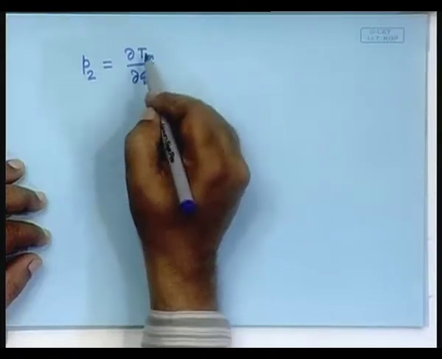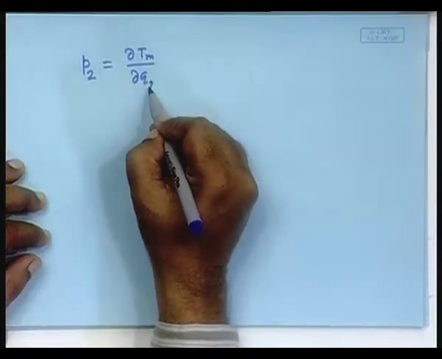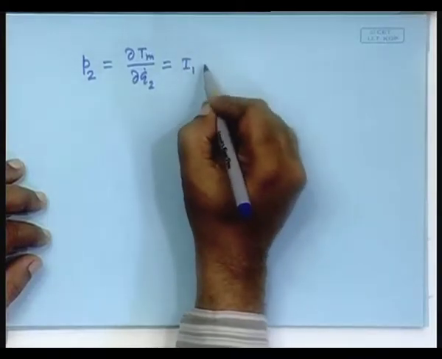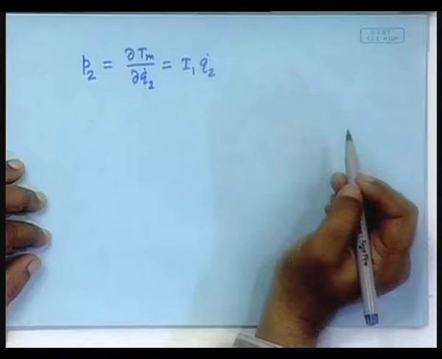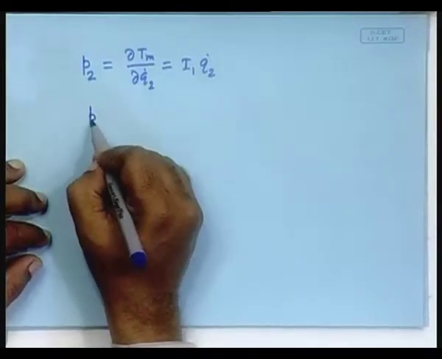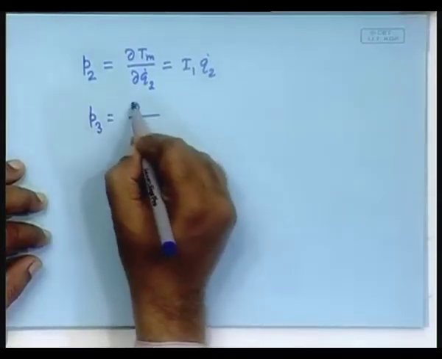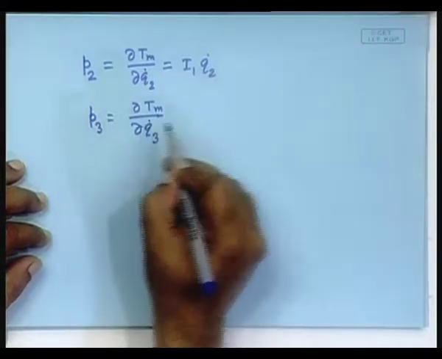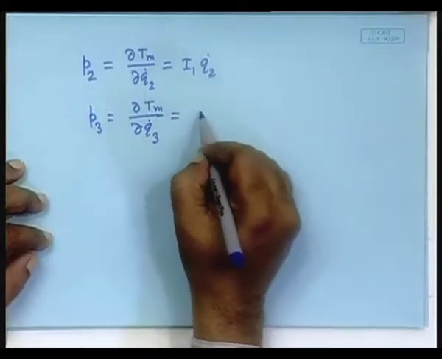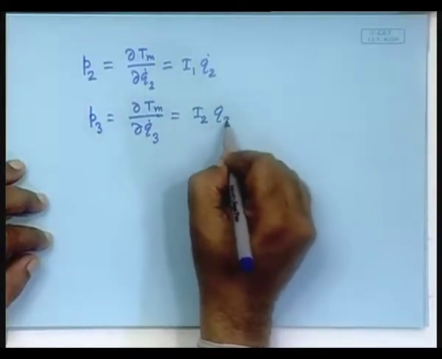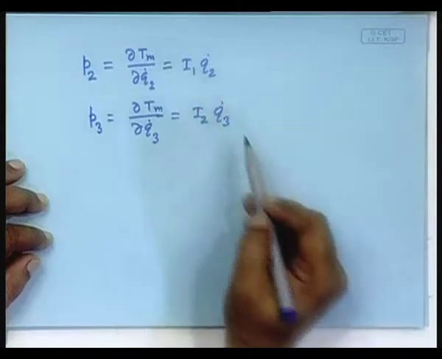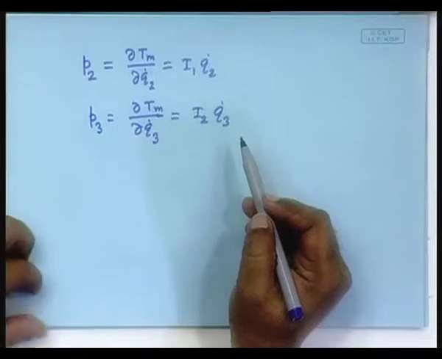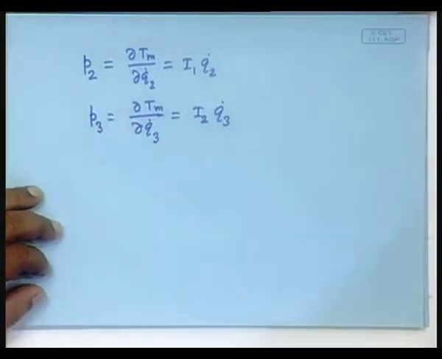So, we can write directly like this: P2 is I1 q2 dot. Similarly, P3 is the derivative in terms of q3 dot, which is I2 q3 dot, obviously, because these are the two angular momenta, fine.